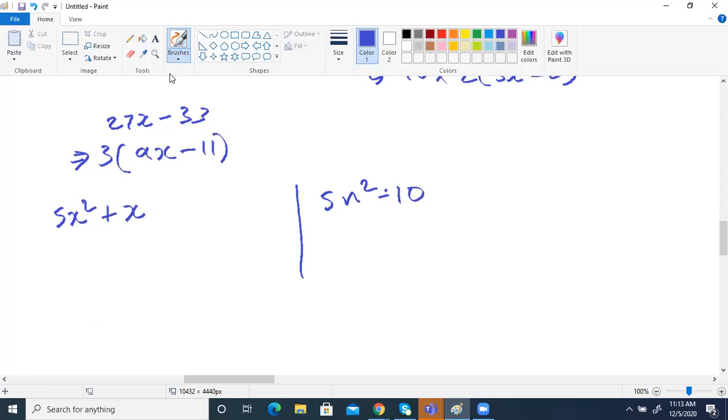And then another one: 16x squared plus 24x. So this one, what do you guys think?